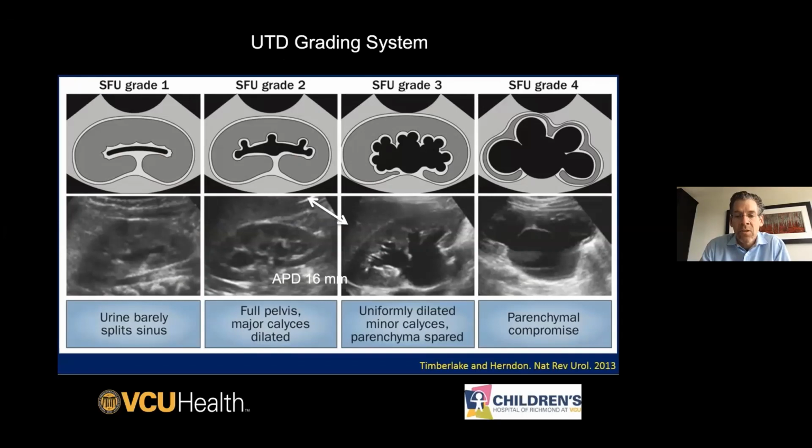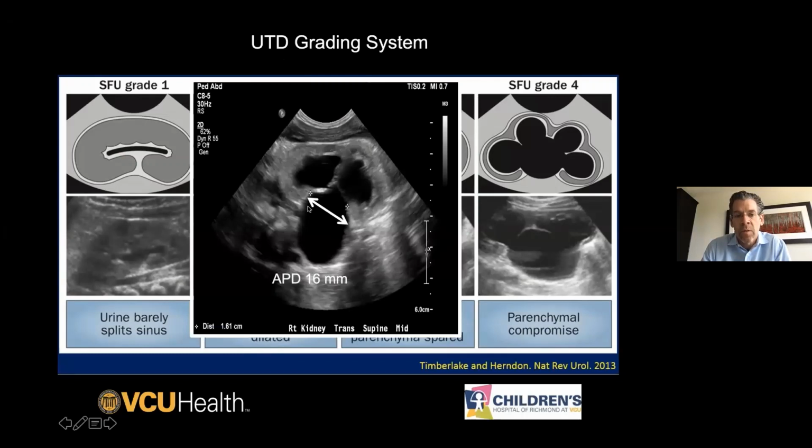It's a combination of the Society for Fetal Urology system, which is a more subjective system that looks at parenchymal thickness and dilation of the collecting system, and the APD system, which of course is an objective system. So these two are combined together so you get the best of both worlds.